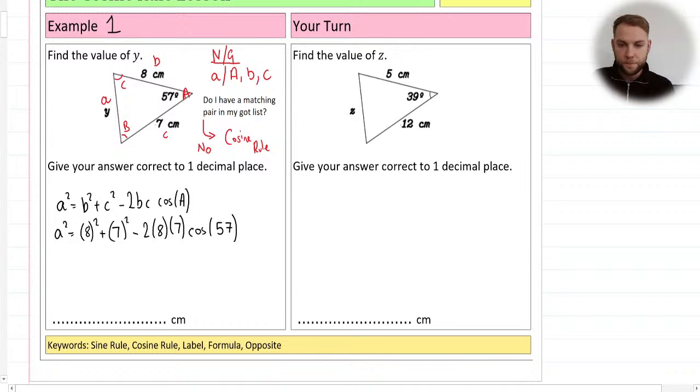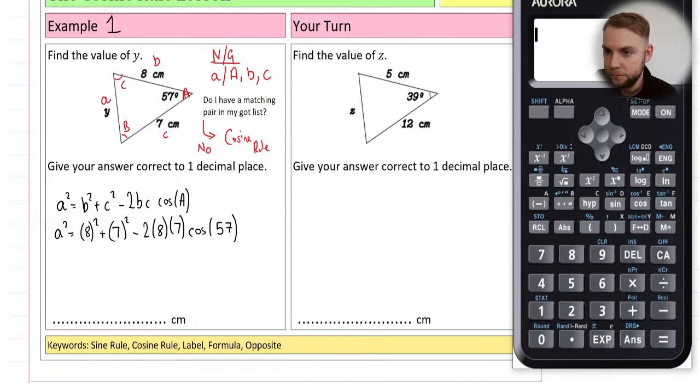There we go. So I'm going to type this into my calculator. Now, because these are positive, I don't need the mini brackets around this. The ones I only really need the mini brackets around are the 2, 8 and 7 when they're together there with the cos. So I'm just going to do 8 squared plus 7 squared.